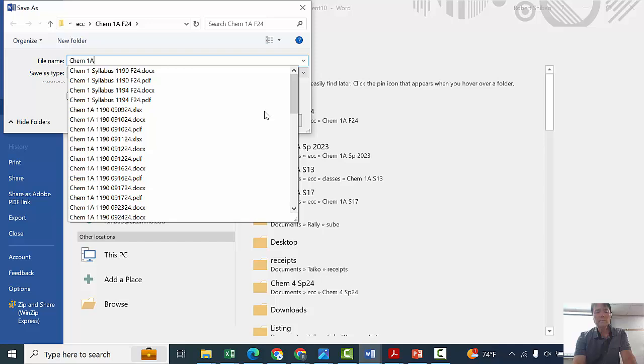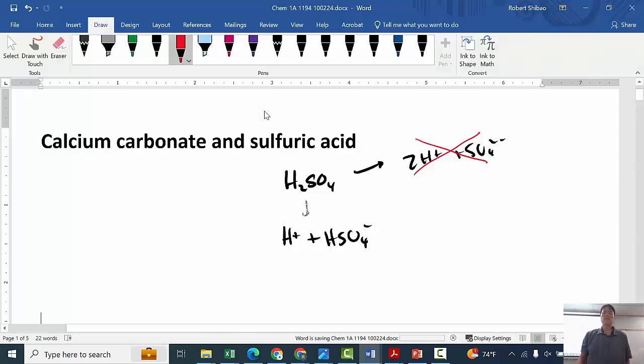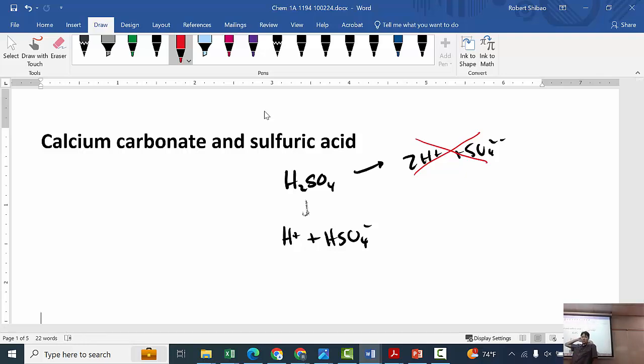The other common error with this is carbonic acid. You can't leave carbonic acid. Carbonic acid is inherently unstable, so you can't leave it in any of the three equations.